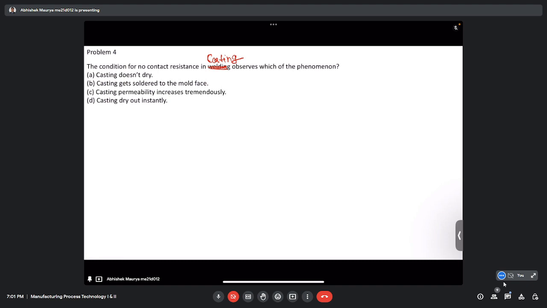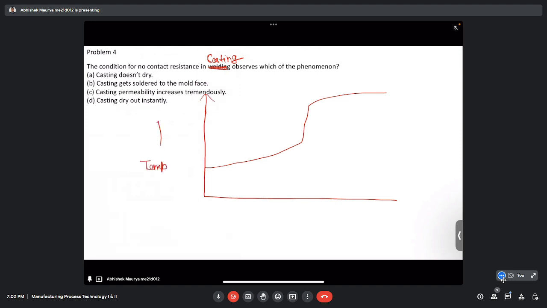Okay, now let's try to see together that already we have shown the temperature profile of a typical casting. So again, I will draw the same diagram, something like this. So we have temperature, and here we have different regions. So this is the mold region, mold wall.